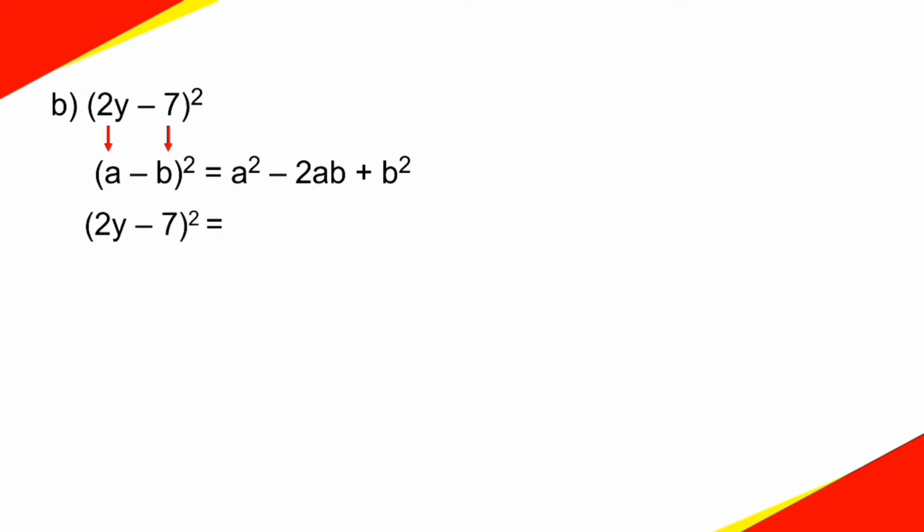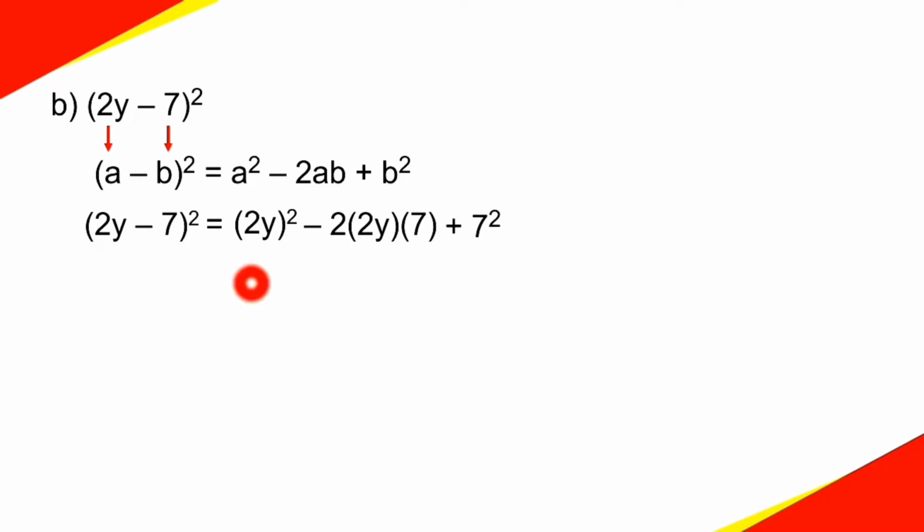What we can get? (2y − 7)² is equal to a value is (2y)² minus 2 into a value is 2y, b value is 7, so 2 into 2y into 7, plus b value is, right, 7².